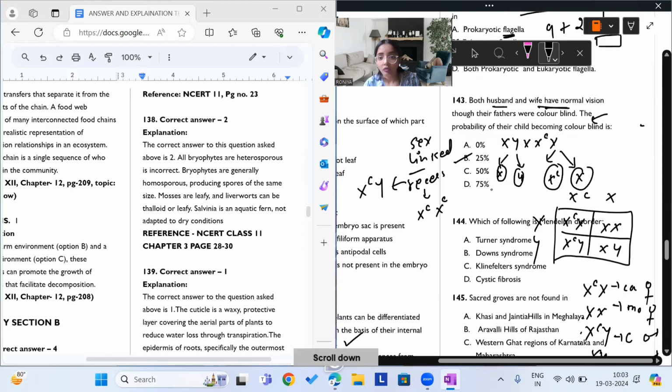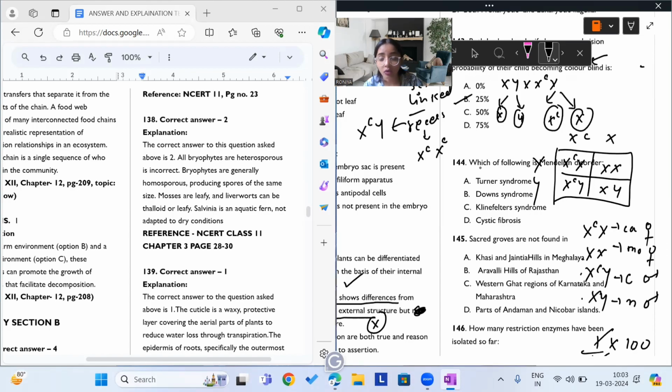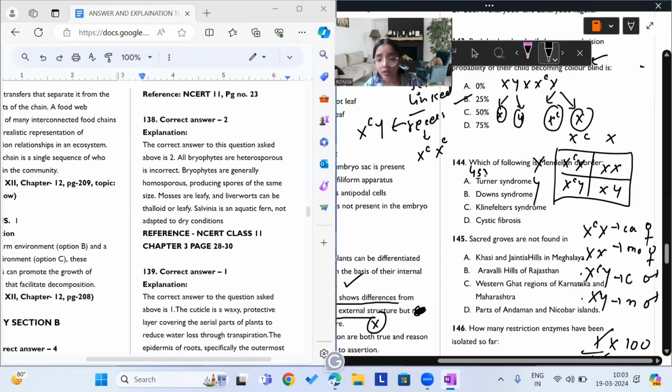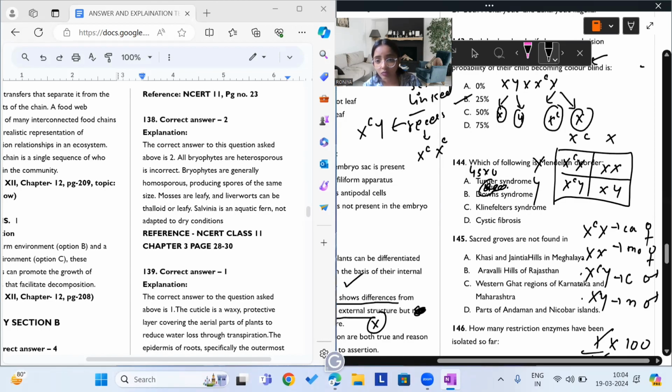Moving on. Which of the following is a Mendelian disorder? Turner syndrome, Down syndrome, and Klinefelter syndrome, all of them are chromosomal. Turner syndrome has 45 XO, Down's has 47 XY. Why 47?